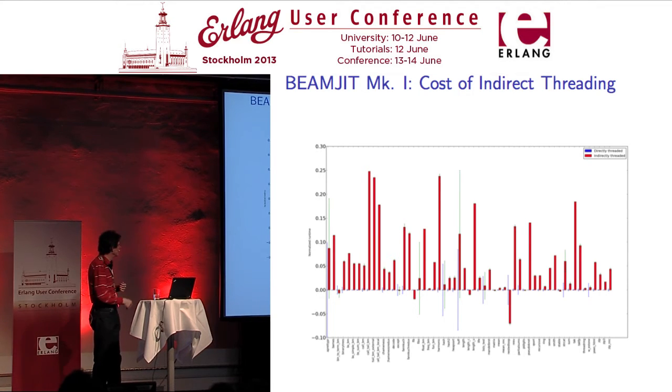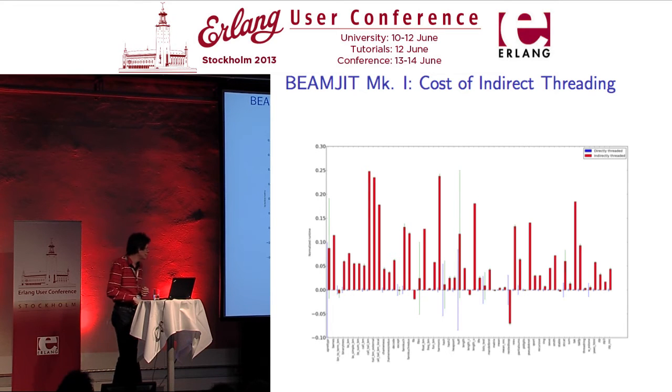So you can see here that in almost all cases except two, it costs me performance to do this switch to indirect threading. That's something we'll have to live with and try to make up in some way when we run native code. The error bars you see are one standard deviation, so you can see how noisy these values are.